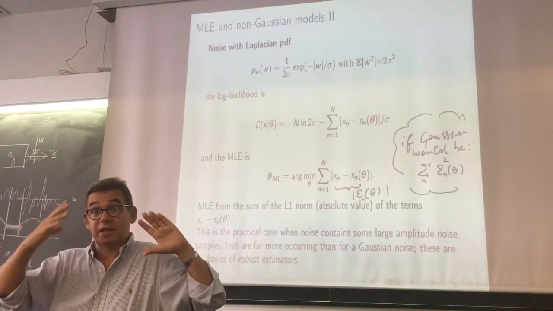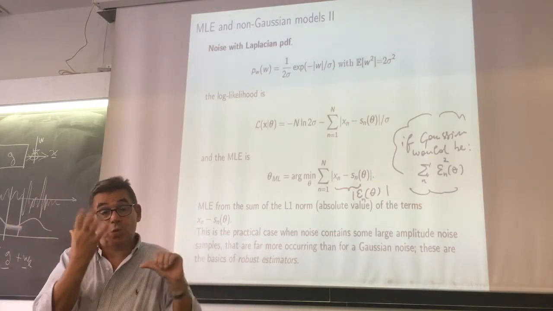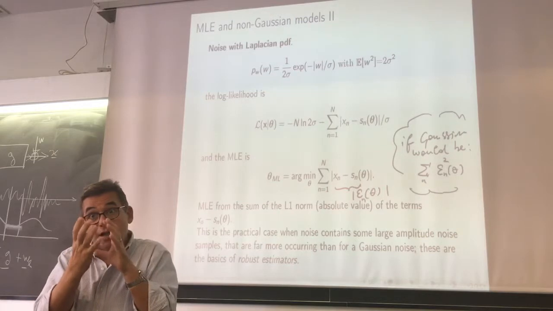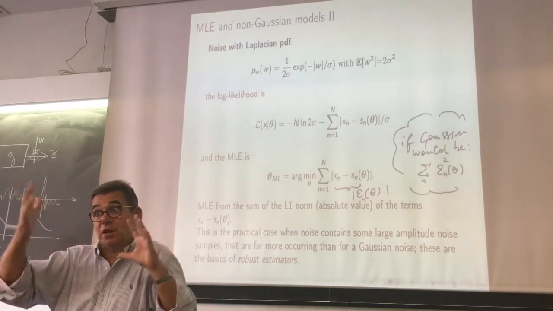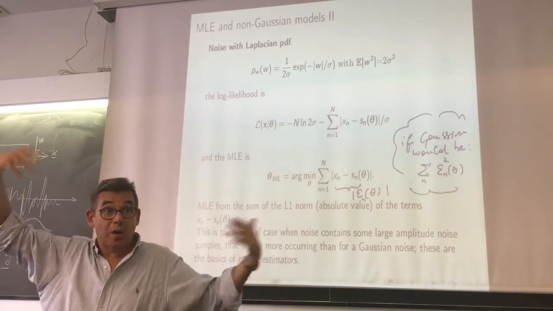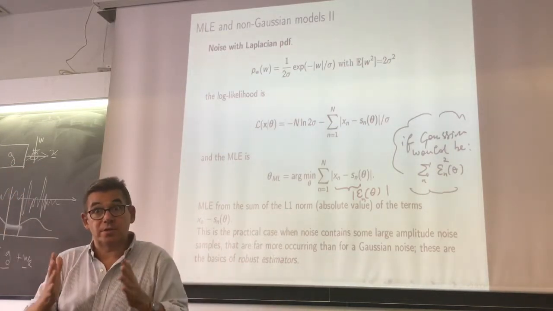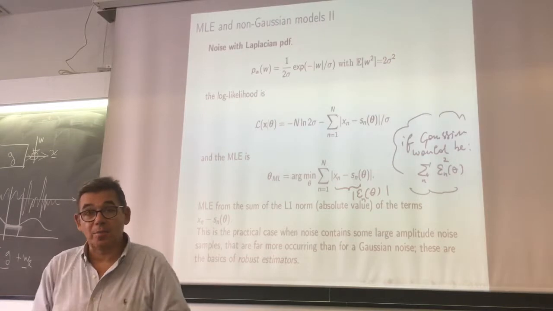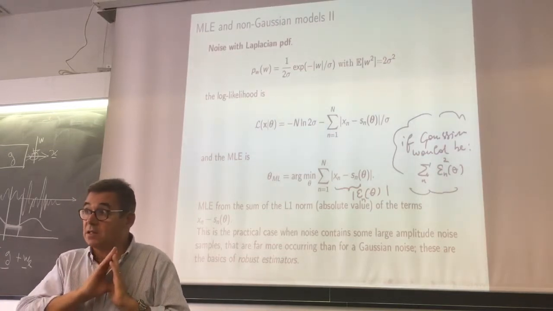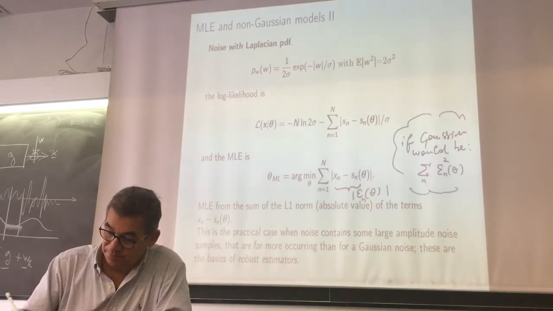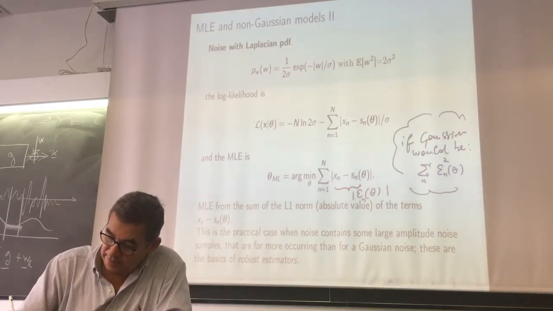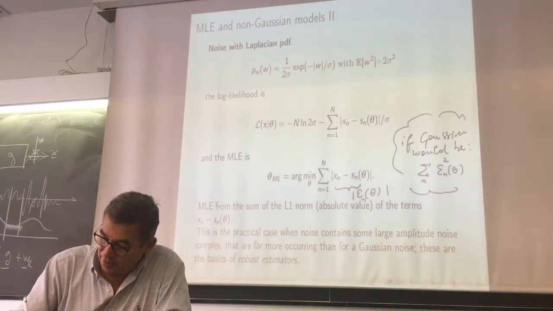If it is the sum of the squares of the error, every error is squared, so big errors are weighted much more than small errors. In a Laplace, what happens is that it's weighted linearly, because the metric is linear in the error.